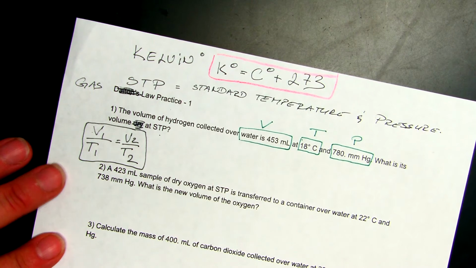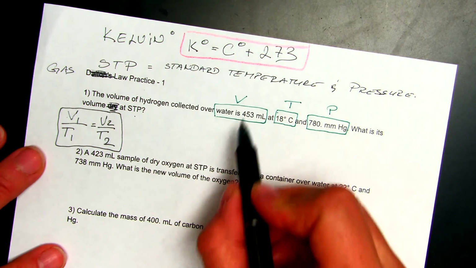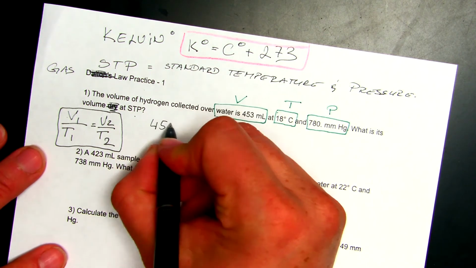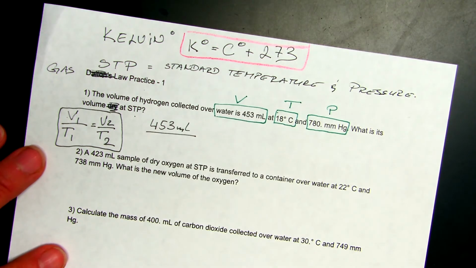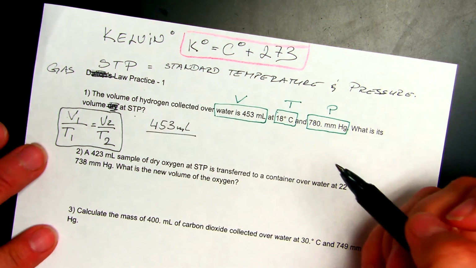And now I will substitute with what I have. What is my given volume, class? 453 milliliters, right? So I will write down 453 milliliters where V1 goes. What is my initial temperature? 18 degrees Celsius, but do we keep it in Celsius? No. What do we change it to? Kelvin.